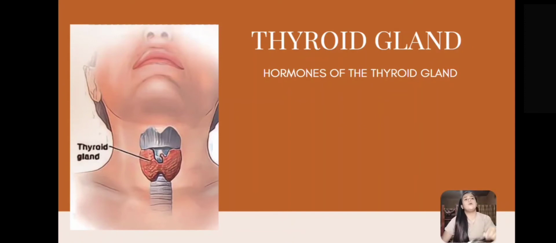Let us know more about the thyroid gland. Our thyroid gland also releases hormones. So these are the hormones of the thyroid gland. First we have the thyroxine or the T4. This is the major hormone secreted by our thyroid gland. Take note, thyroxine is the inactive form.